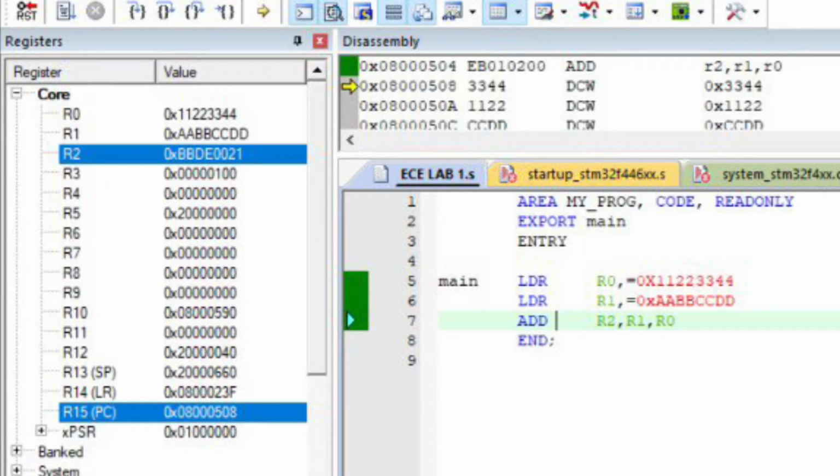So as we can see at the core part at R1, it is applied like we programmed it. At R2, I have used ADD. So at the core part R2, it will appear the answer of the addition.